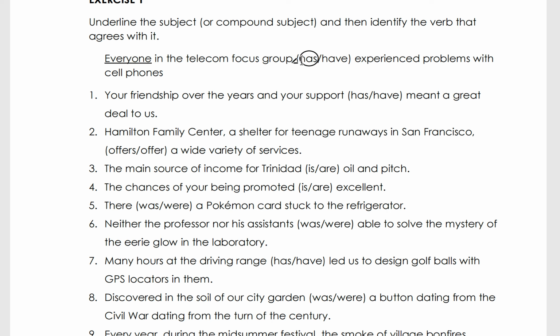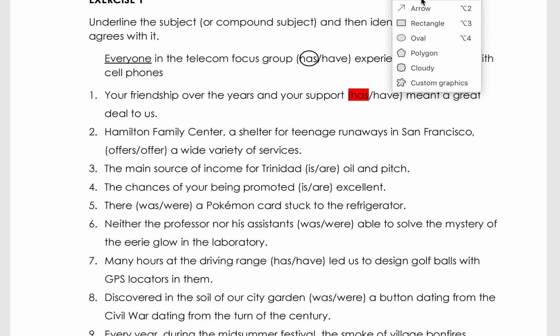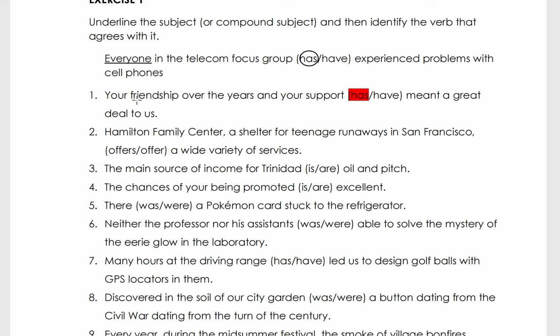The answer is has. Why? Because friendship is singular. Okay, remember, friendship is singular. I'll put a mark here so that you know.